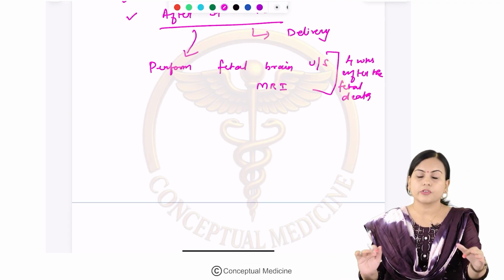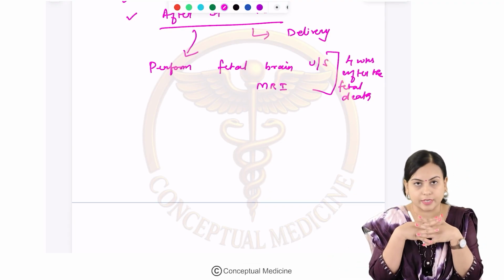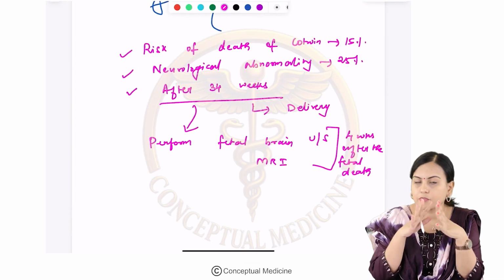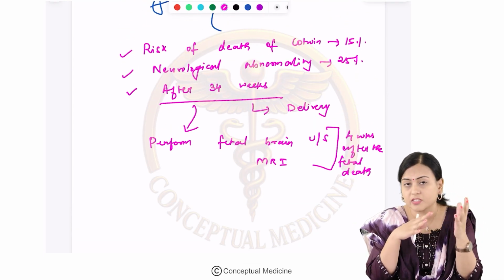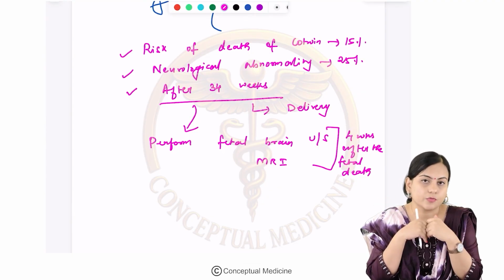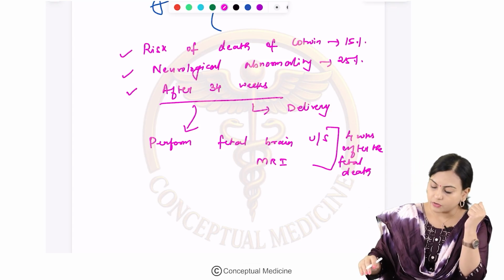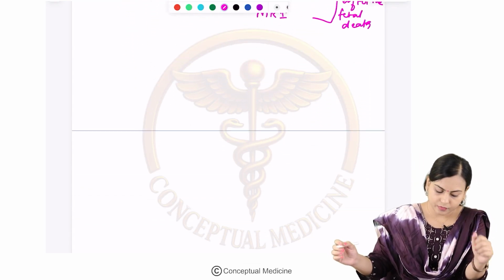Clear? So, you are not going to urge the delivery here, you are just going to monitor, because we have already seen the risk of death of the co-twin is only around 15%, but the chance of neurological damage is more. So, you are going to monitor them with MRI and fetal neuro ultrasound.